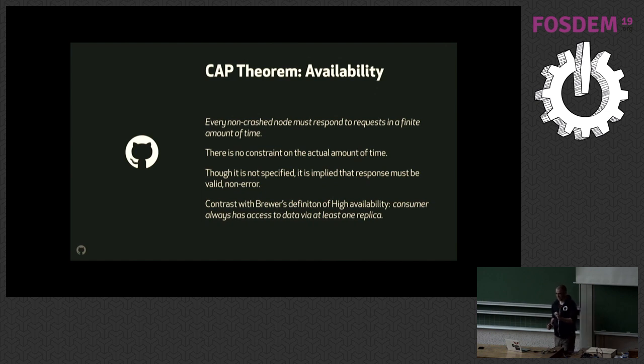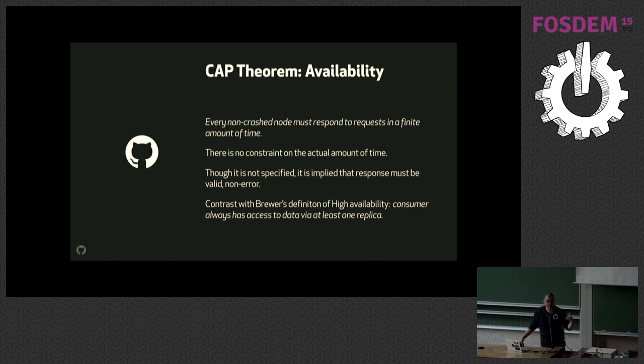Availability, that's the big change from Brewer's definition. Pay attention. Every non-crashed node must respond to requests in a finite amount of time. That is the definition of this theorem. Any non-crashed node must respond to requests in a finite amount of time. Now, a few notes about this. There is no limit on this finite amount of time.